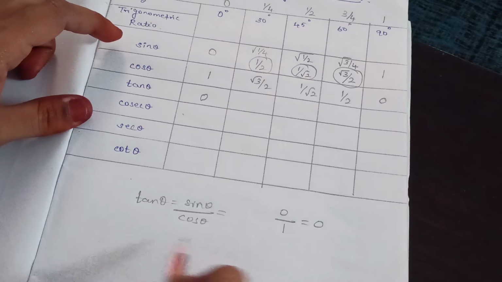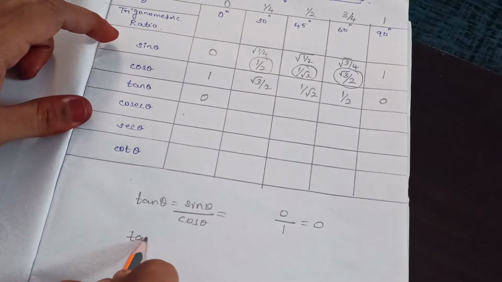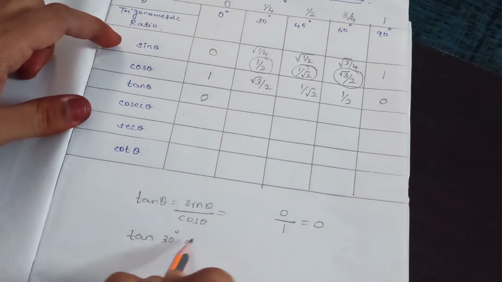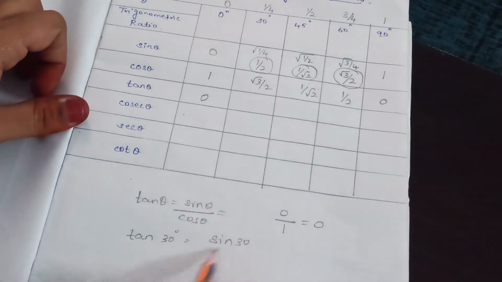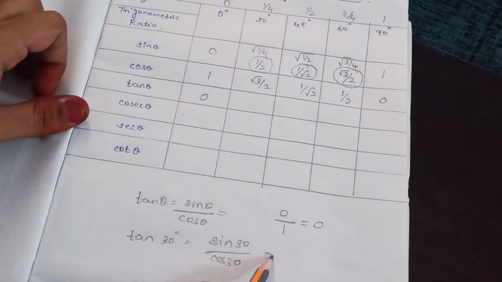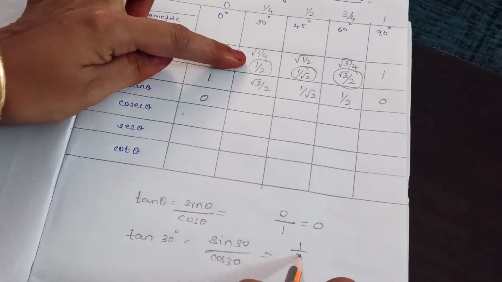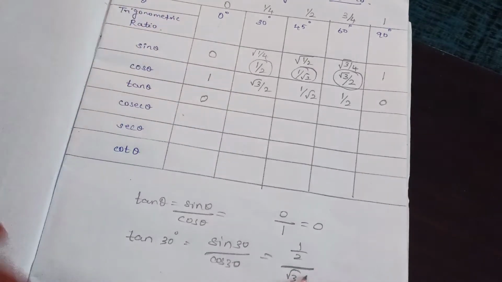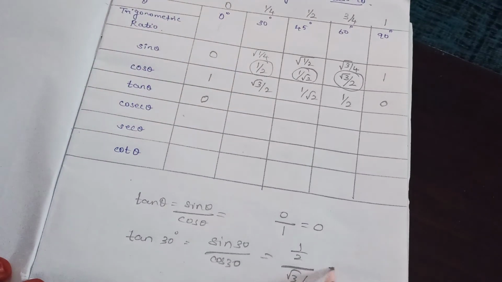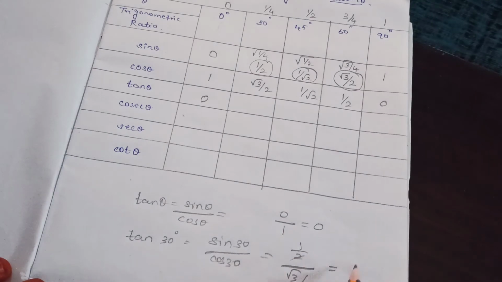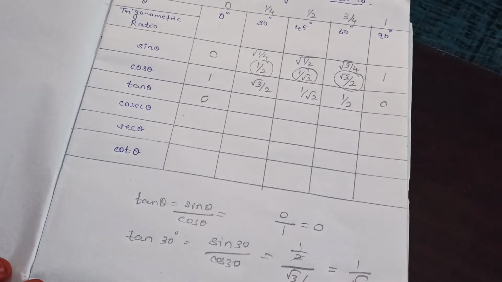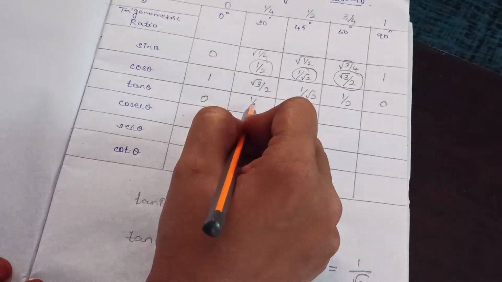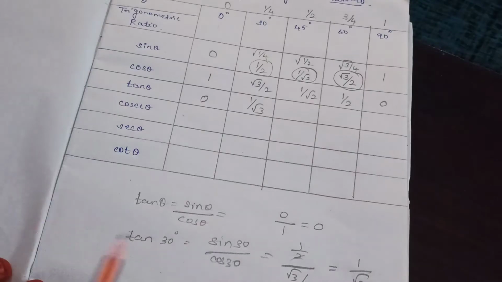For tan 30 degree, it is sin 30 by cos 30. Sin 30 is 1 by 2 and cos 30 is root 3 by 2. The 2 will get cancelled, so it is 1 by root 3. So the value of tan 30 is 1 by root 3.